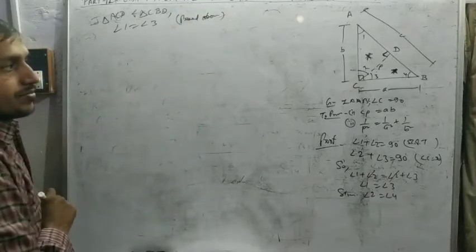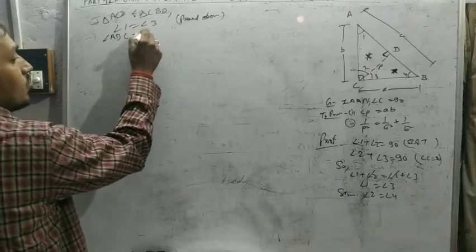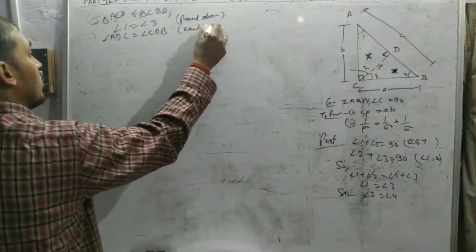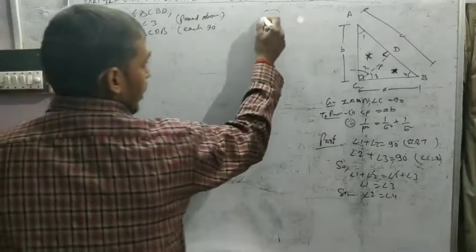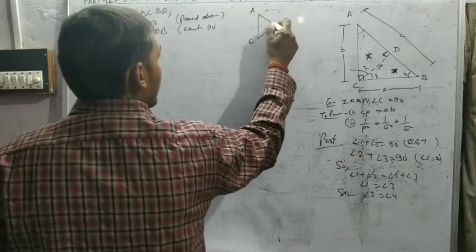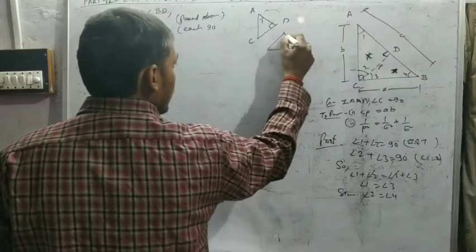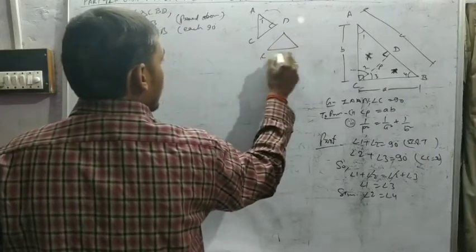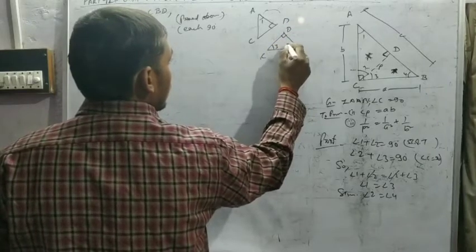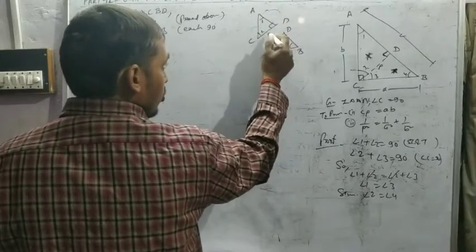Angle ABC is equal to angle CDB, each 90. Let's see, we take this triangle and this triangle. So 1 equal to 3 and 90, 90, so the triangles are similar.